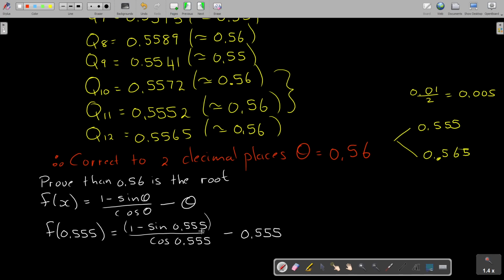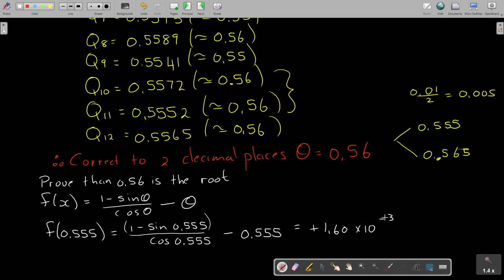Oh, sorry, my calculator gave an error. Let's try again. 1 minus sin 0.555, close the bracket, divide cos 0.555 equals, and then subtract 0.555 equals. Okay, and I'm going to get now, it's just a positive, it's just 1.60 times 10 to the power negative 3, but it's still positive.